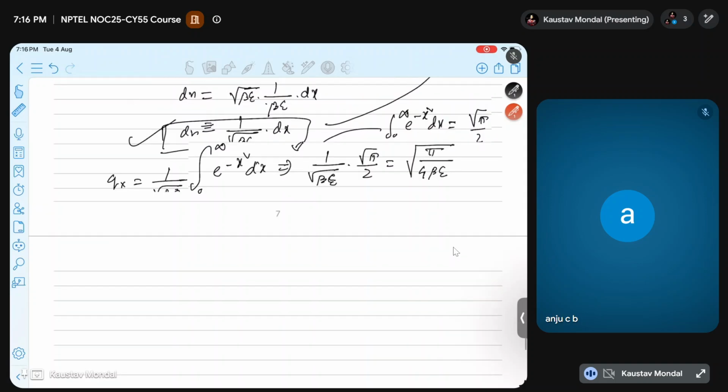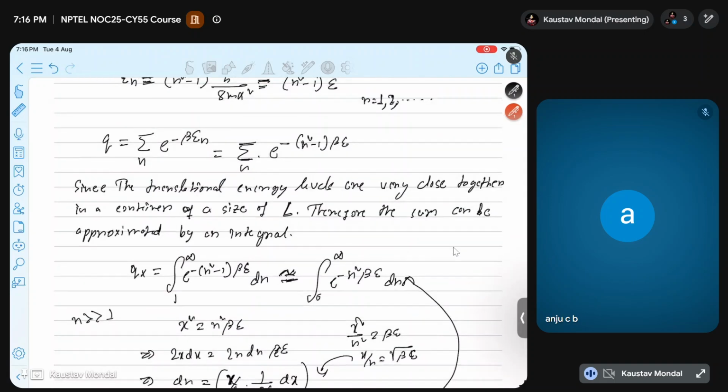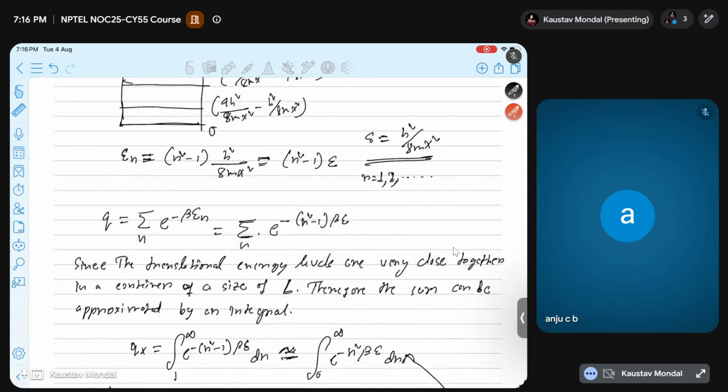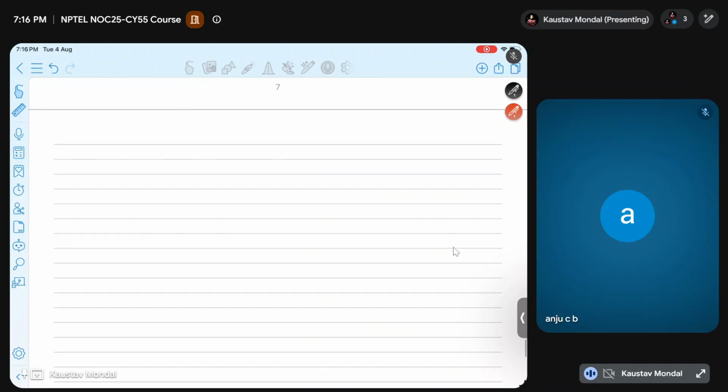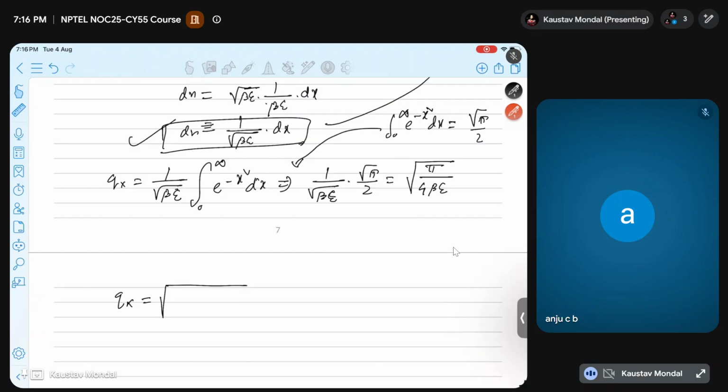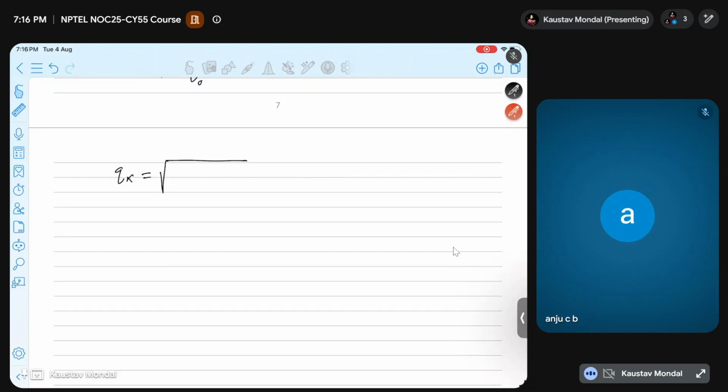So now we know e we have taken as h square by 8 m x square. So we'll substitute it here, and we'll get now the full expression of this q. So qx, the translational partition function, will now become, if you substitute the expression of e here, pi 8 m x square divided by 4 beta h square.